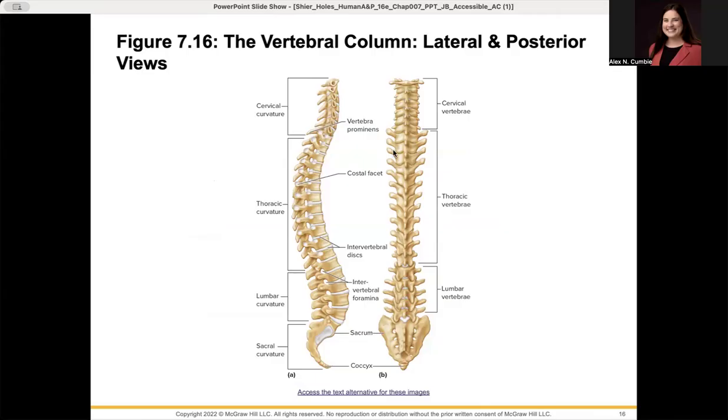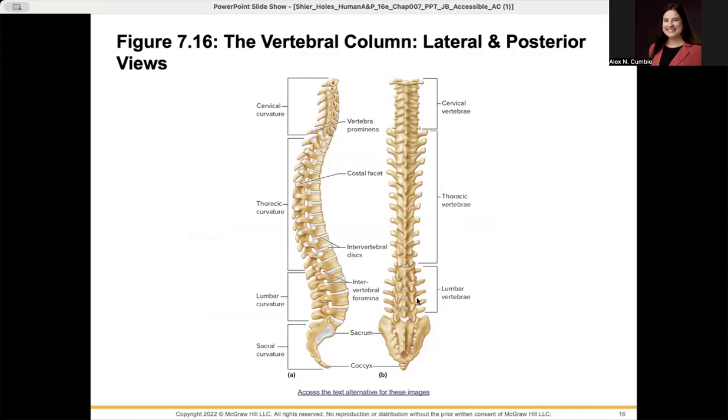As far as our vertebrae goes, it is separated into different sections. Cervical means neck. So our cervical vertebrae start in our neck. As we get to the bones that actually attach to your ribs, we have the thoracic vertebrae attaching to the ribs. Then in your lower back, you have your lumbar vertebrae.